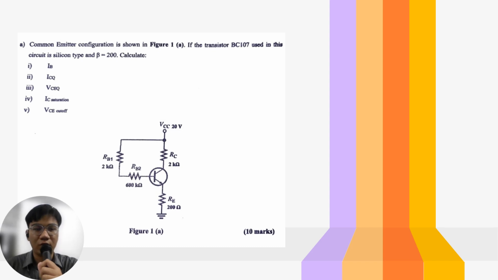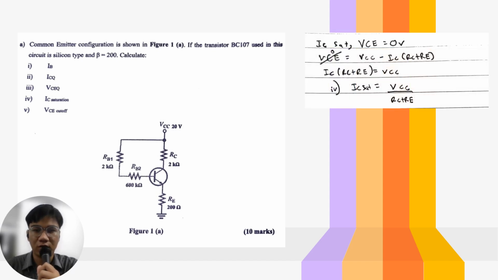And lastly, we are going to search for the value of IC saturation and VCE cutoff. To find these, we can use the formula of VCEQ that we used earlier, which is VCE equal to VCC minus IC multiplied with RC plus RE. To find the value of IC saturation, VCE is equal to 0 volt.